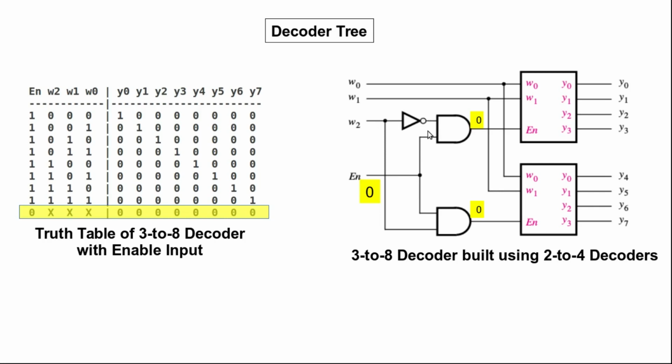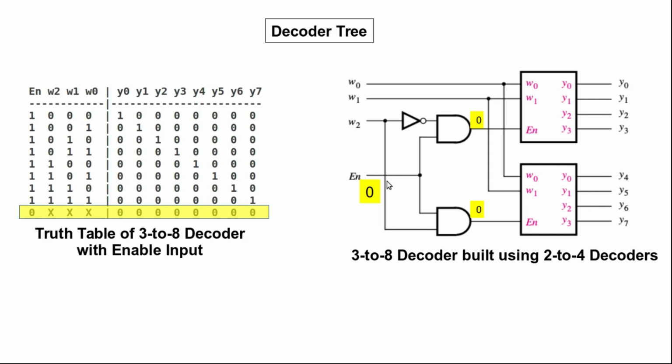It doesn't matter what the value of the other input is, because 0 and 0 is also 0, 0 and 1 is also 0. So whenever one of the inputs to the AND gate becomes 0, the output of the AND gate will definitely be 0, and it doesn't matter what is the value of the second input.